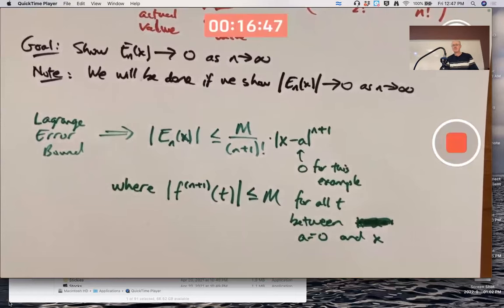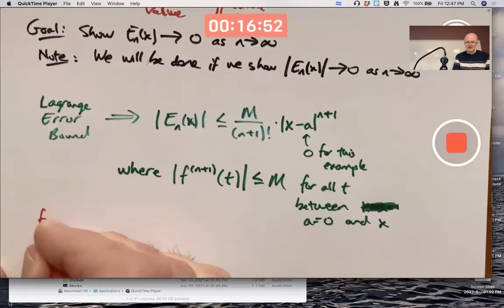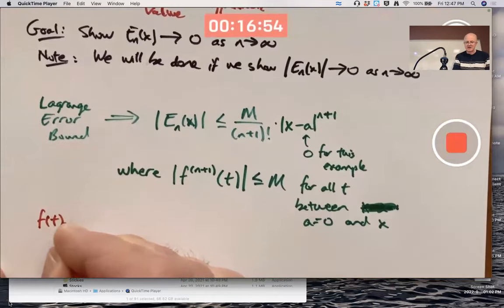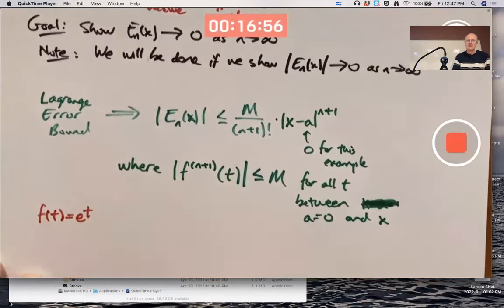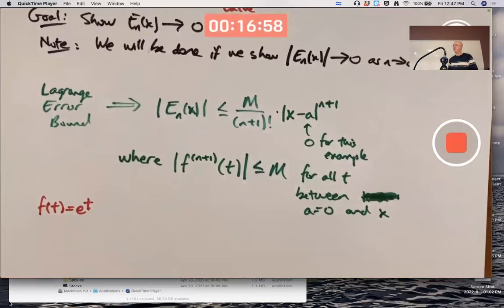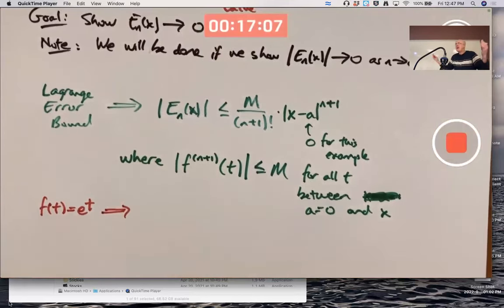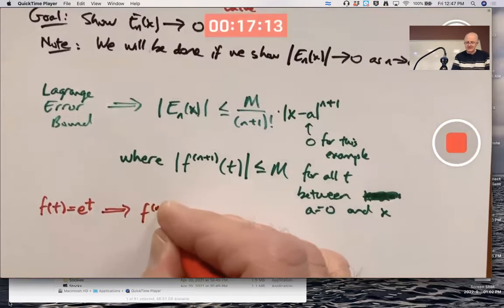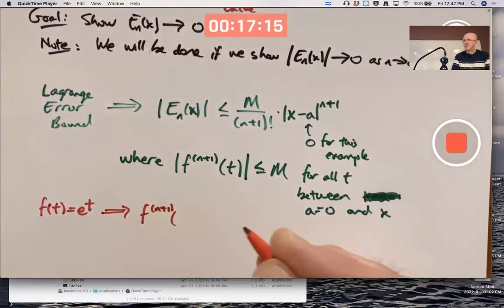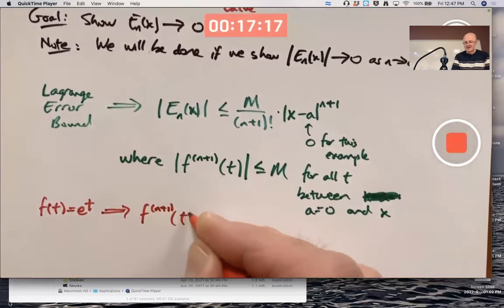But how? Well, you know, e to the t is a very special function. I'm still using t now because, again, I'm thinking of x as fixed. All of its derivatives are the same, e to the t. And in particular, its n plus first derivative for an arbitrary positive integer n is also e to the t.